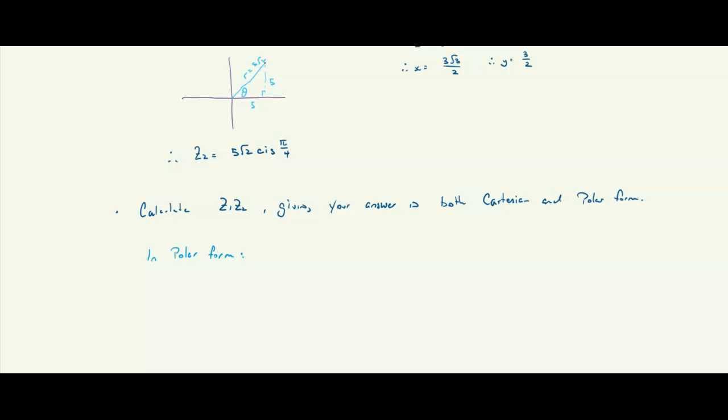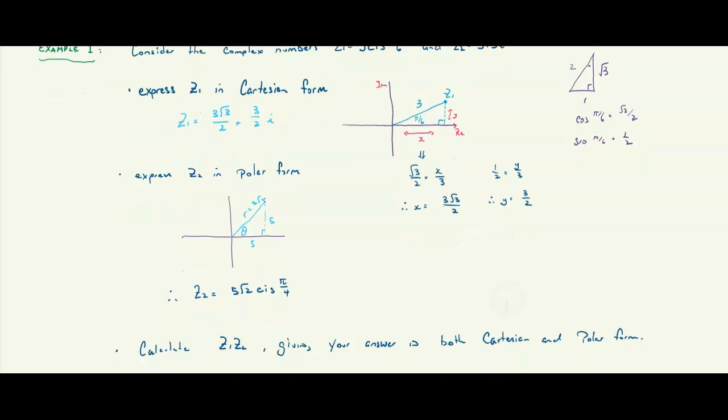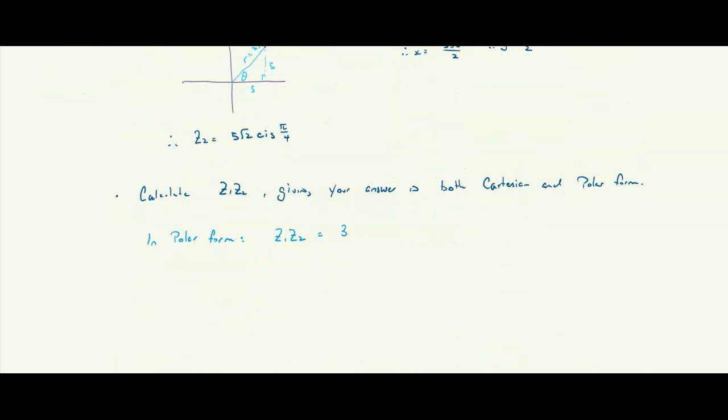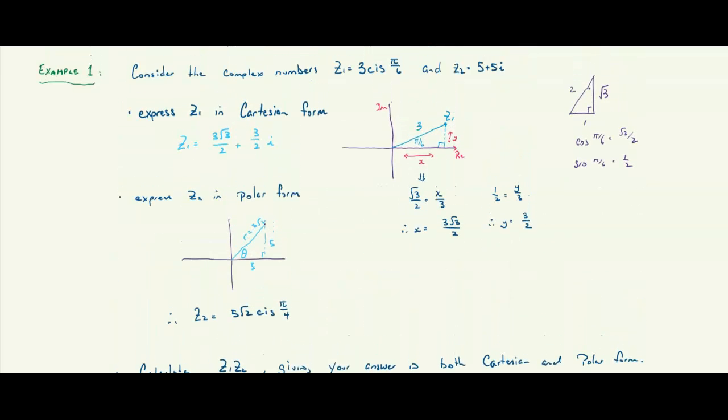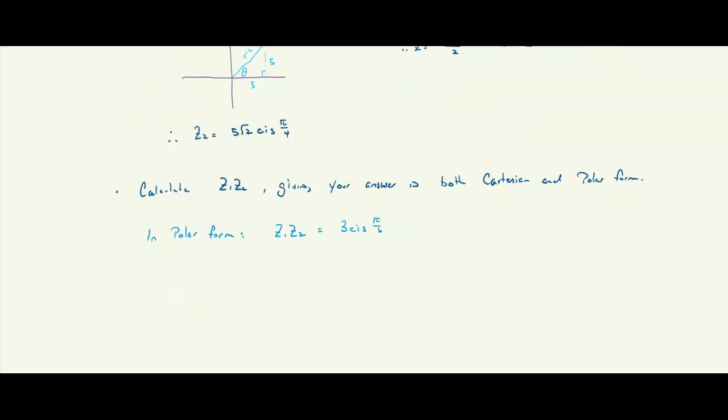Z1 Z2 is equal to, now Z1 is 3 cis pi on 6, and Z2 is 5 root 2 cis pi over 4.